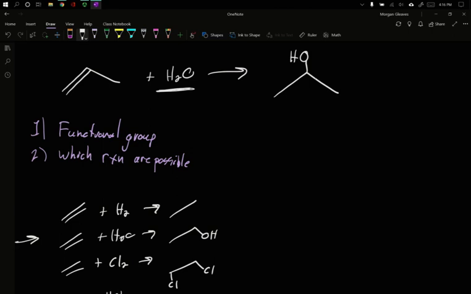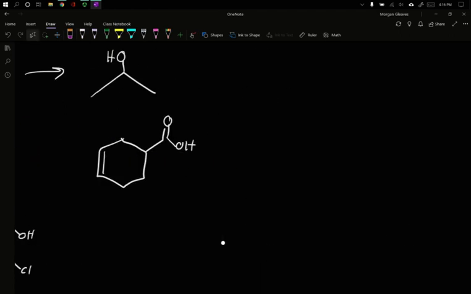Now, if I had a larger molecule, let's look at this. This molecule has two functional groups. It's got a carboxylic acid and it's got a double bond. If I say I add water to it and let it react, and we're told it does react, well, what could it do?